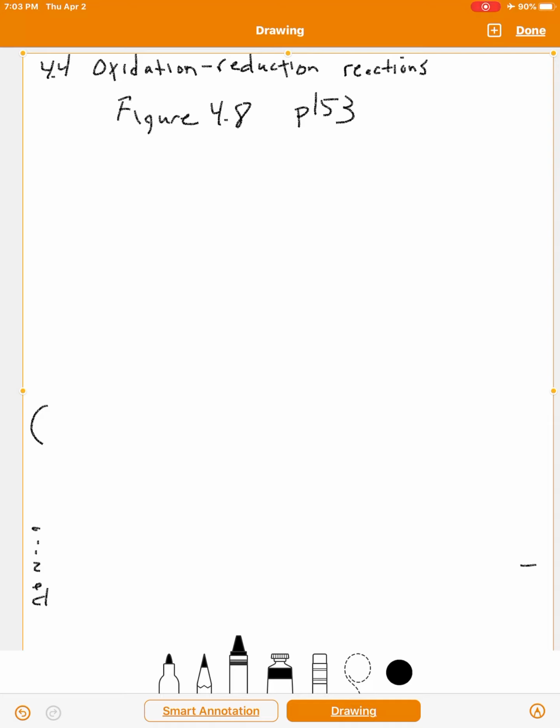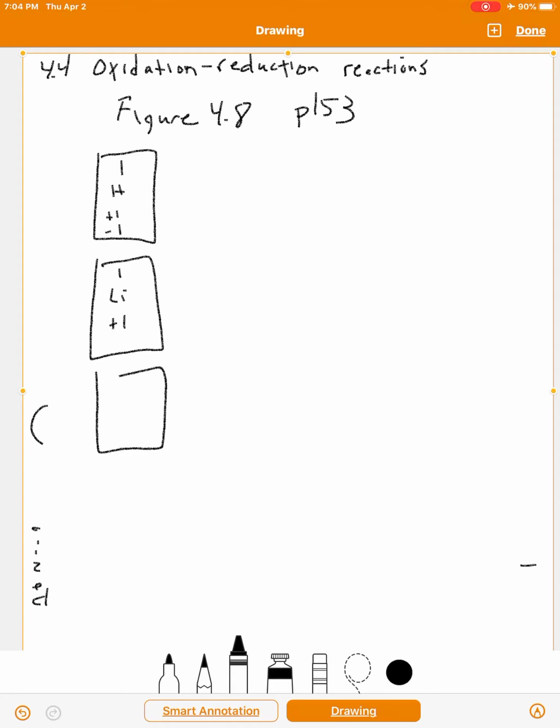It shows you the common oxidation numbers for different elements. For example, hydrogen is plus 1, but it can also be minus 1. Notice that for lithium, there's only 1 common oxidation state, and that's plus 1. And the same is true for sodium.